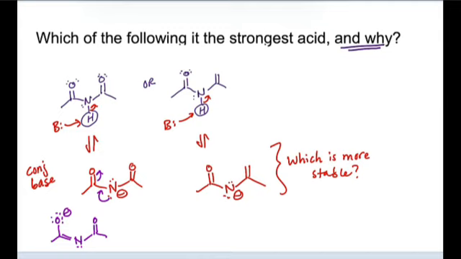In addition to that resonance form, we have another one. And if that arrow pushing seems strange, you could have also gotten there by going the other way on the original structure. So there's another resonance form that can be drawn here.